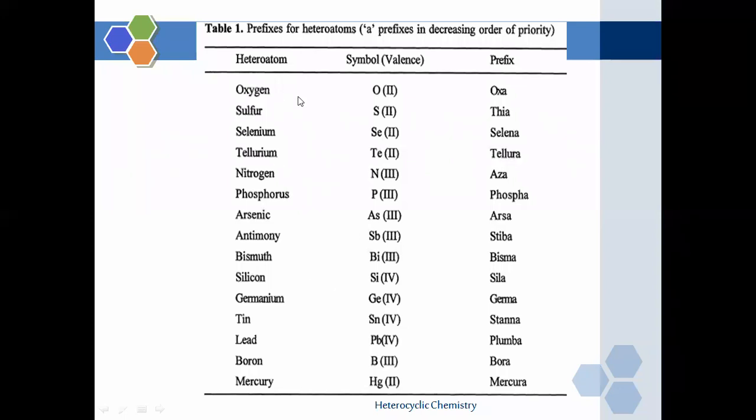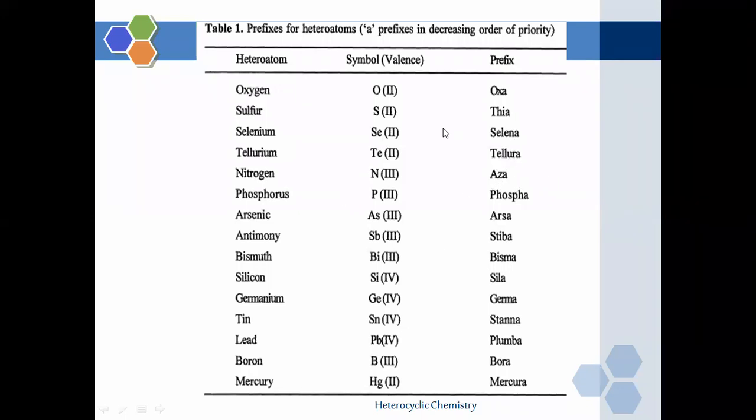So if the heteroatom is oxygen, the symbol of oxygen is used, and the bracket symbol will give the valency. If the heteroatom is oxygen, the prefix we are going to use will be oxa; sulfur is thia, selenium is selena, and for nitrogen we use aza.